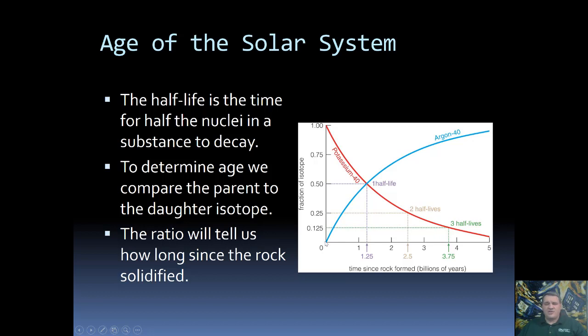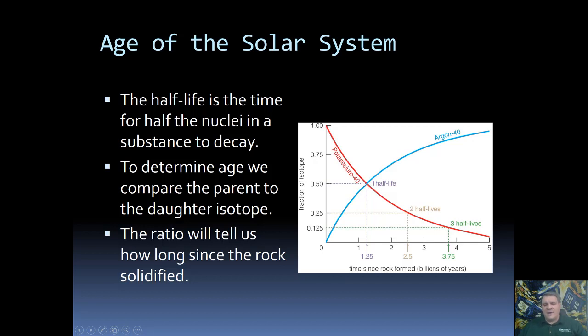There's been no change. However, as time progresses, potassium turns into argon. So the amount of potassium decreases and the amount of argon increases. After one half-life, we'll have half potassium and half argon. So if we have a ratio of 50-50, we know it's gone through exactly one half-life.